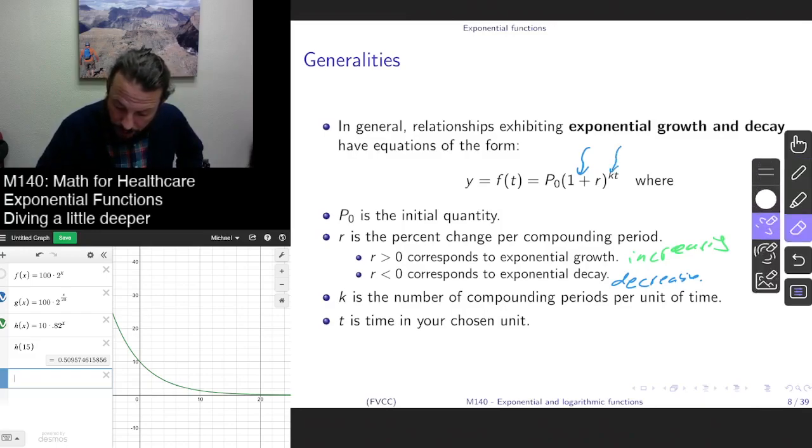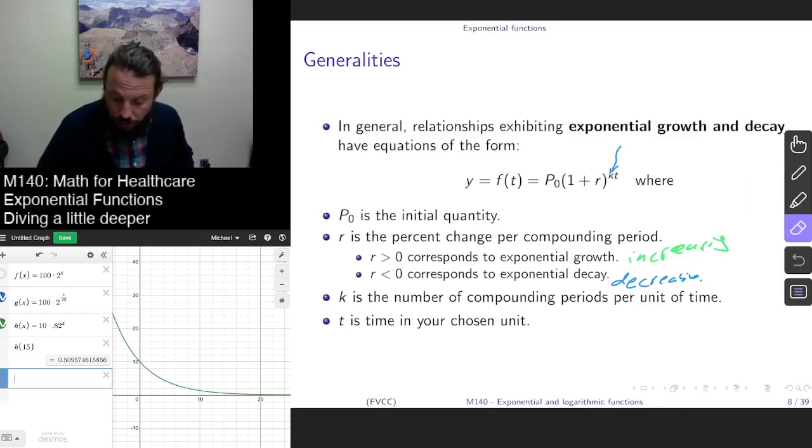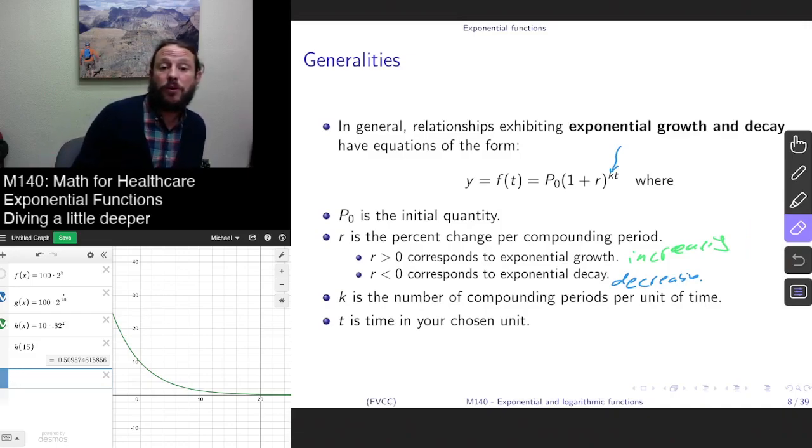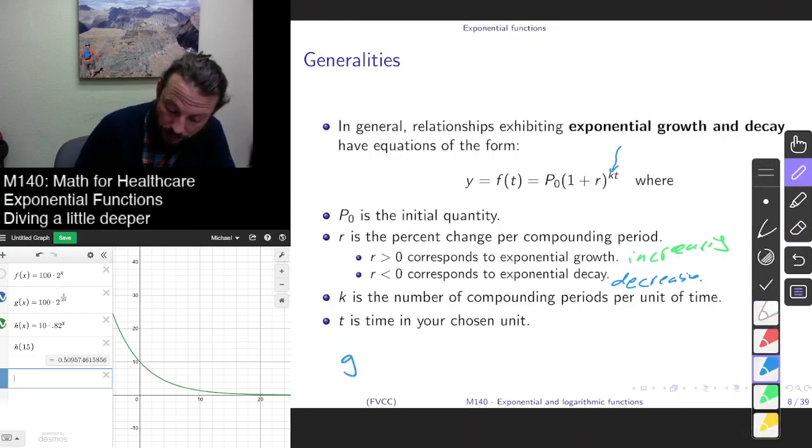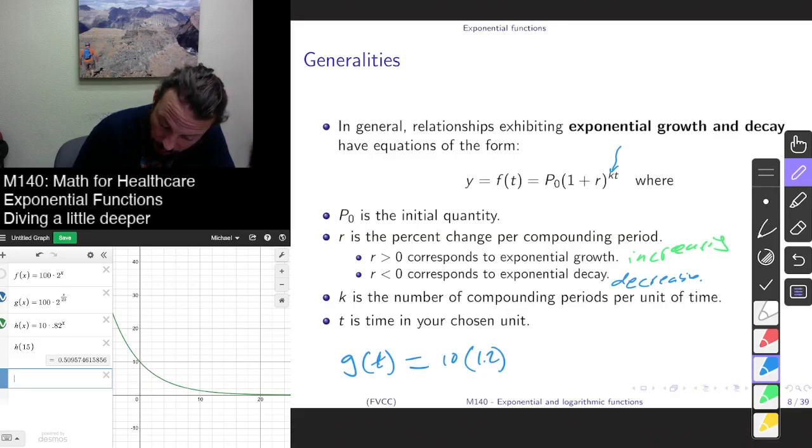Now, notice we've slipped this k in up here. That's kind of like our first problem, although we divided by it because it was only once every 20 minutes. But k is the number of compounding periods per unit of time, and t is your time in your chosen unit. So for instance, let's say g of t equals 10 times 1.2 to the 20t, where t is in minutes.